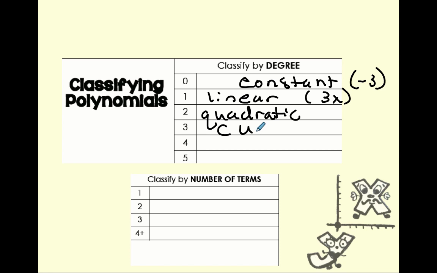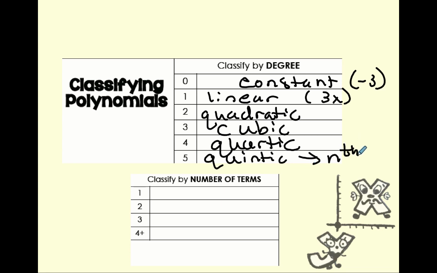Degree 3, cubic. Then we have quartic. Technically, 5th degree is quintic. However, after that, we just say the degree number, and we would say like 6th degree polynomial or something like that.